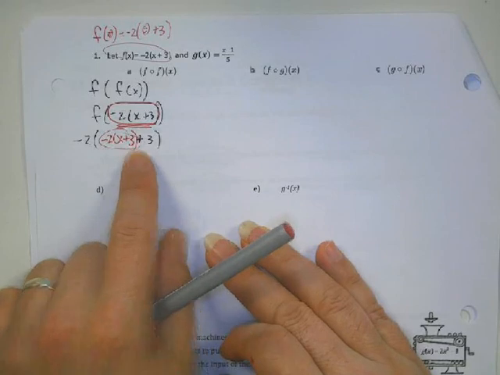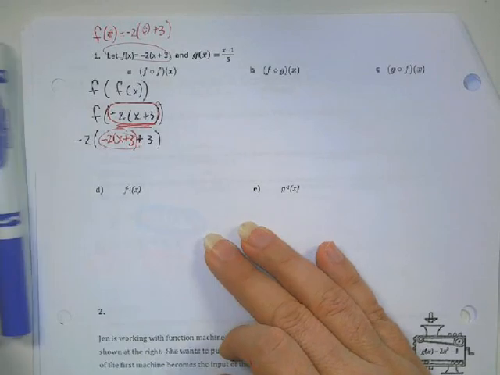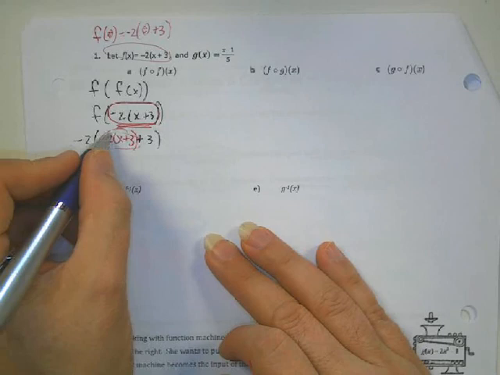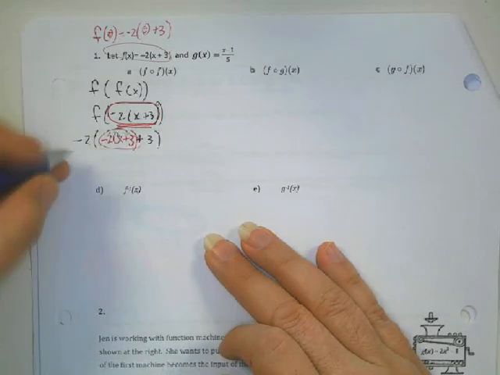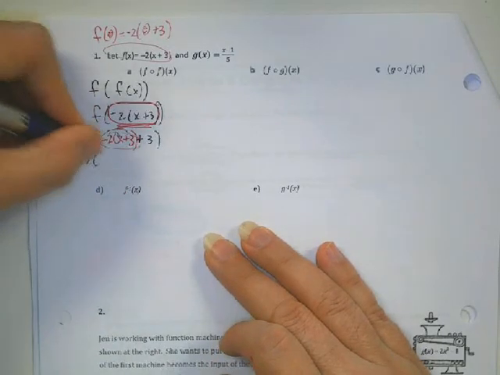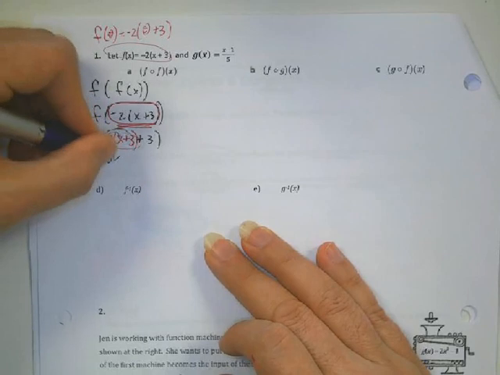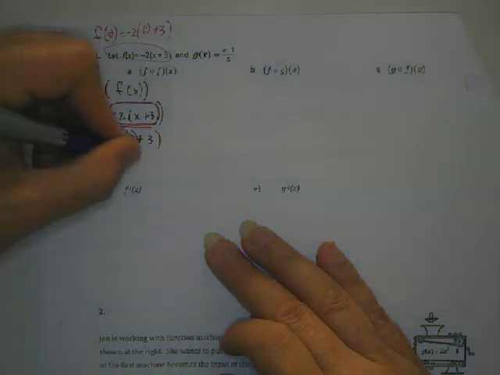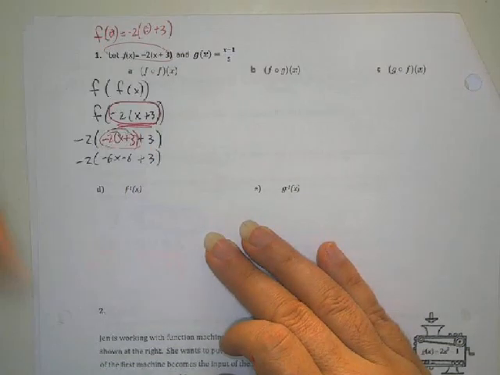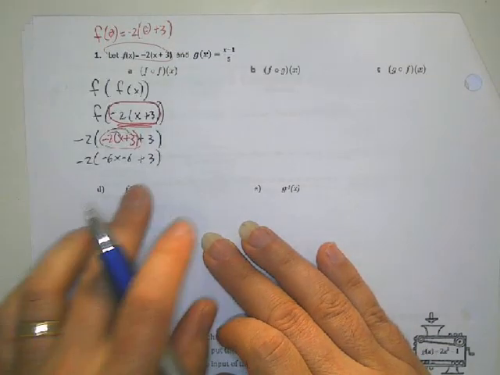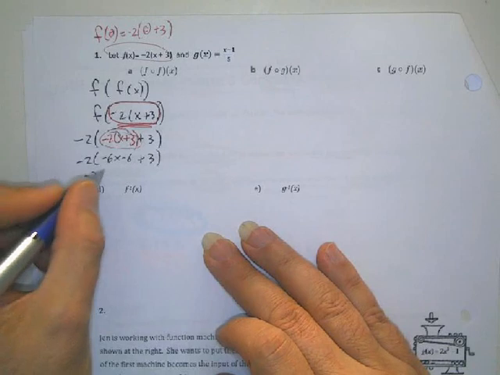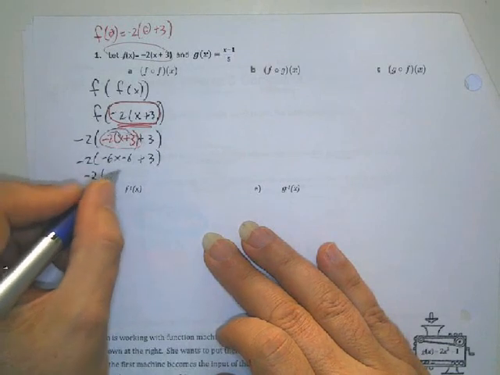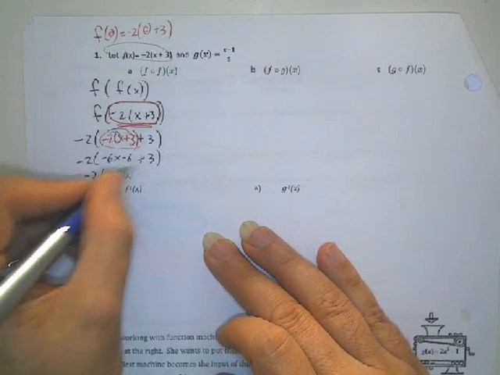So now let's do distributive property with this negative 2 first. So I've got negative 2 times negative 6x minus 6 and then plus 3. Okay. Negative 6x minus 3.